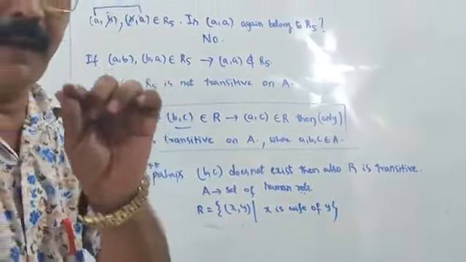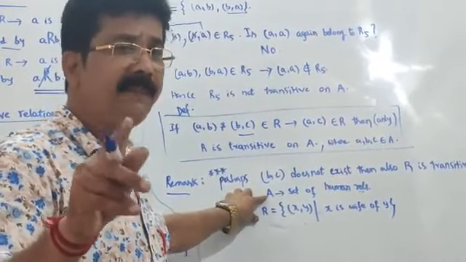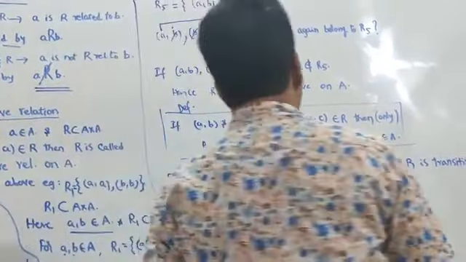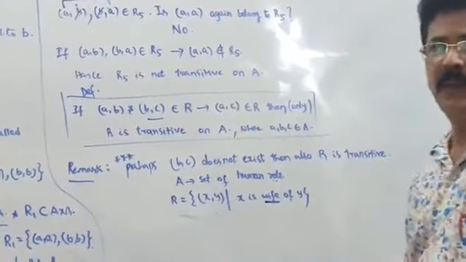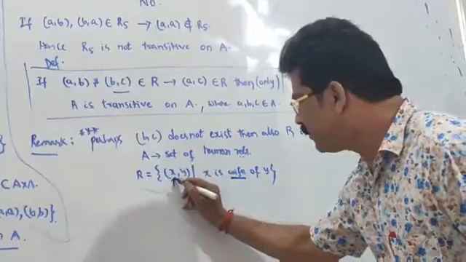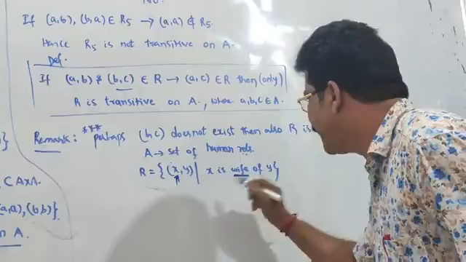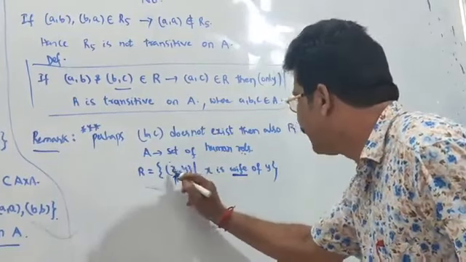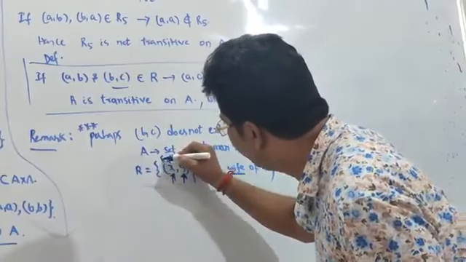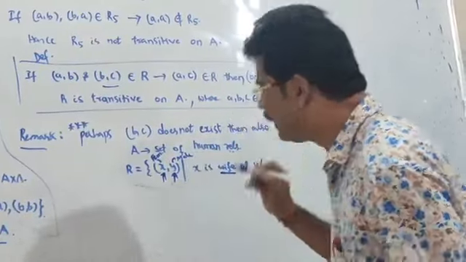So capital R is a subset of capital A. Capital A is the main set, it is about human relations. Here I took the relation wife. First coordinate is lady, second coordinate is gent. X is wife of Y, X is female, Y is male. I am taking like that.